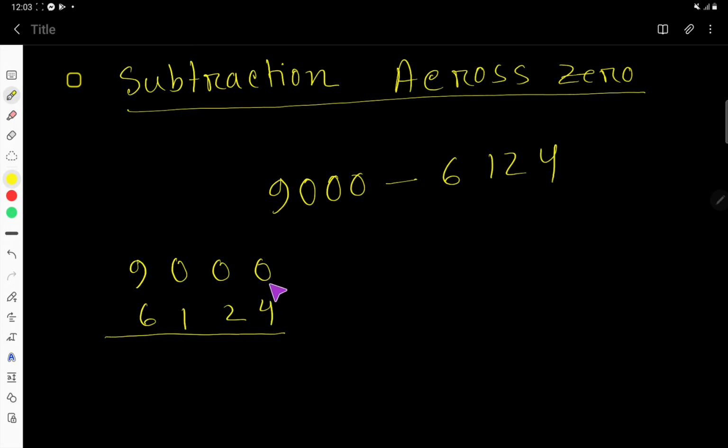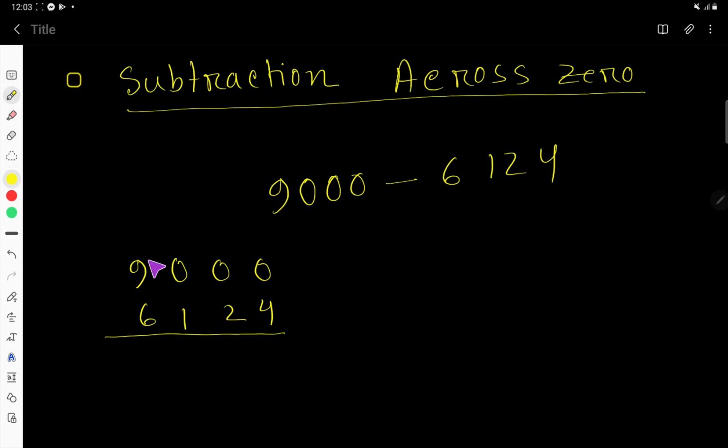So look here, 0 is less than 4, so we need to borrow, right? If you go to your next door, you also have 0, so you need to go to the next door. That also has 0, so you have nothing to borrow, so you go to the next door. Here you have 9000, right?